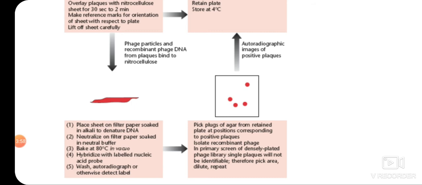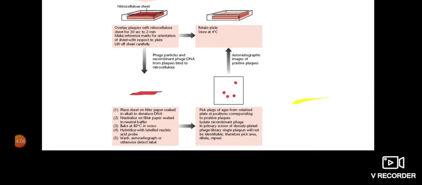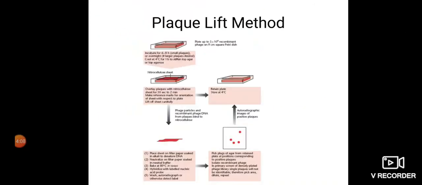So we can take out the sample from there. That means these are the bacteriophages which have our recombinant DNA. This is called the plaque lift method because we first lift the plaques with the nitrocellulose membrane and then go for hybridization, because generally all hybridizations are done on the nitrocellulose membrane.